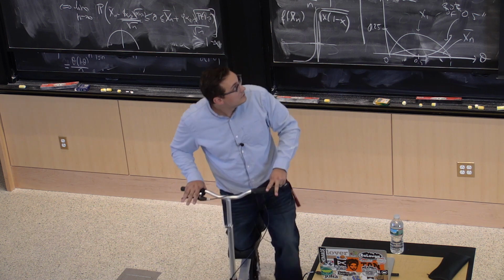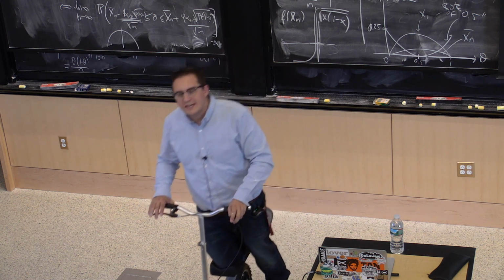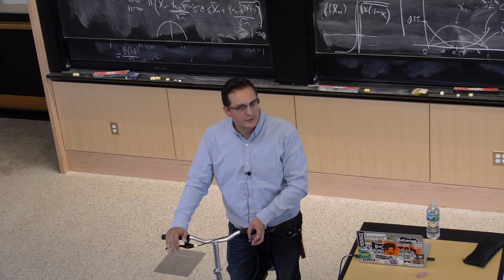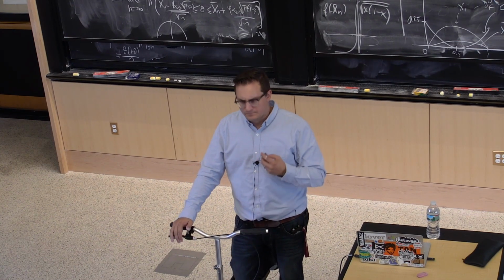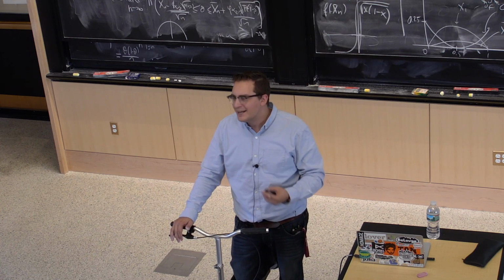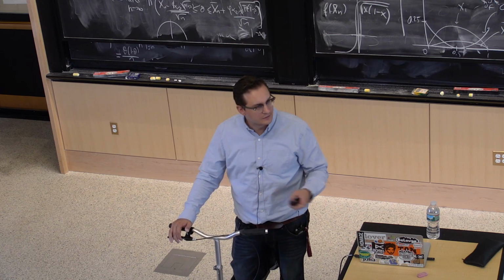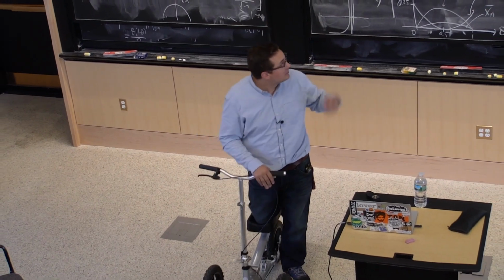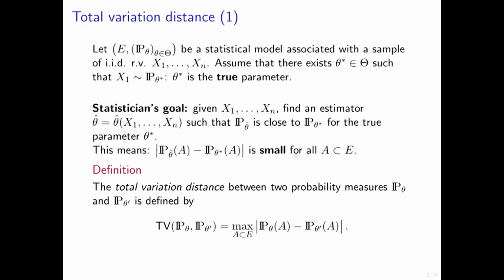Before diving directly into the definition of the likelihood and the maximum likelihood estimator, I'm going to try to give you an insight for what we're actually doing when we do maximum likelihood estimation. Remember, we have a model on a sample space E and some candidate distributions P theta.